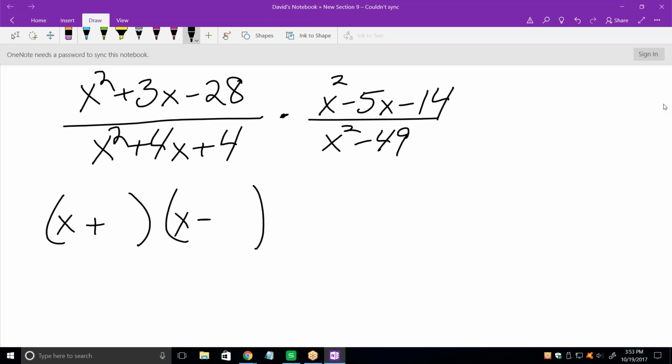So factors of 28 that do what? That subtract a 3. Perfect. What are those factors? So 14 and 2, 7 and 4. So it'd be x plus 7 and then x minus 4. Perfect.